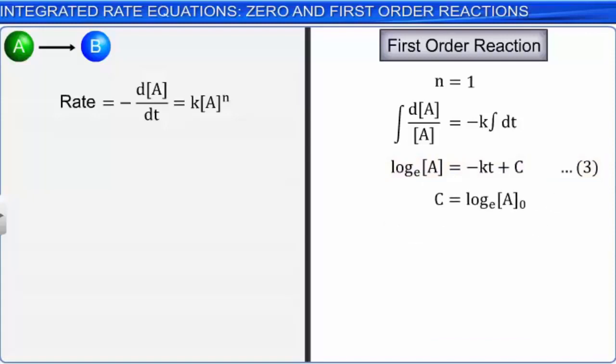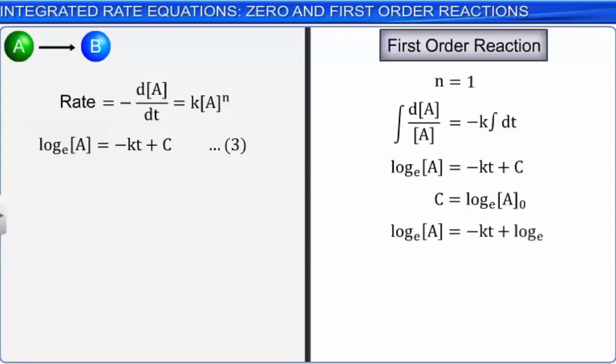Substituting this value of C in equation 3, we get ln[A] is equal to -k multiplied by t plus ln[A0]. Let this be equation 4.